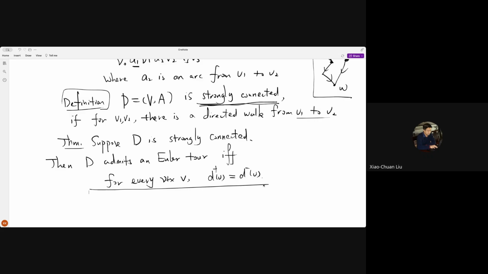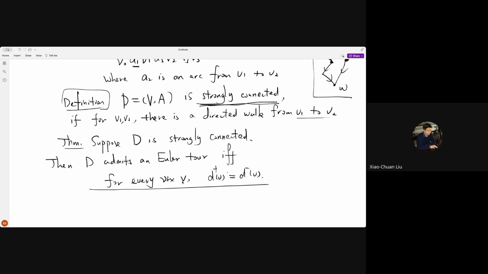Every time you arrive at V, you used one of the in degrees. And then at this point, you must allow yourself to leave the point, so you have to choose one of the out degrees also. So this condition guarantees this.